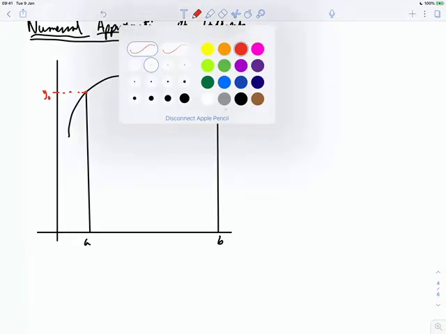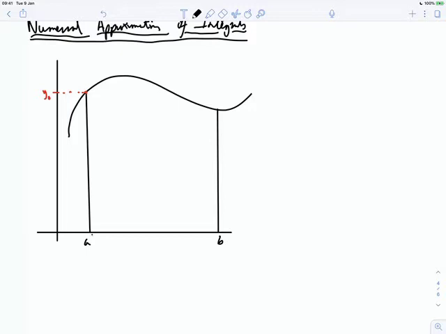And now what I'm going to do is imagine a width h, like so, that goes up. So it's h wide. So let's make this a bit more distinct. The width of this thing is h. But now I'm actually going to draw a straight line from there to there like so.